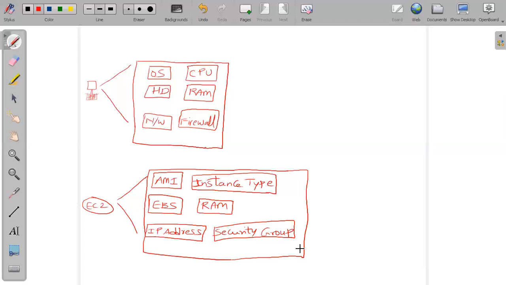Okay. So how can we compare these two? OS is equal to AMI. And CPU is equal to instance type.